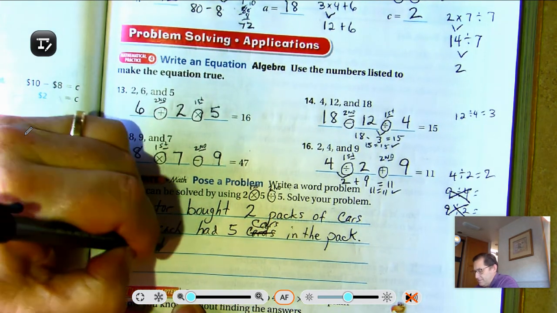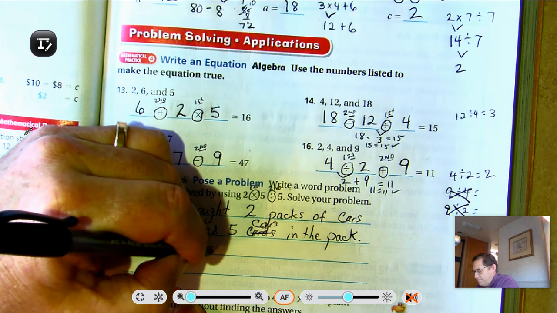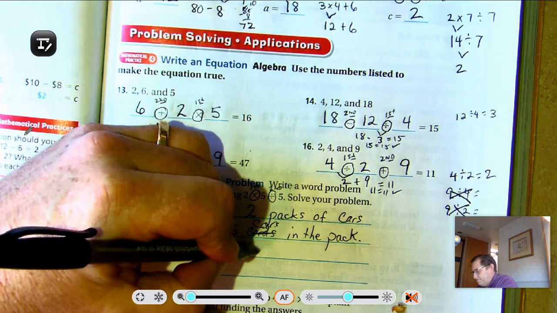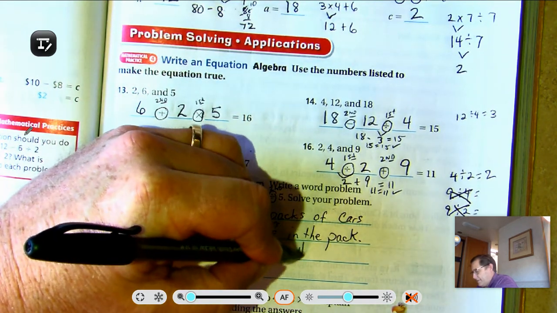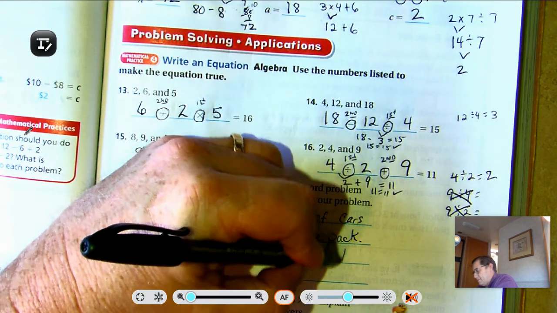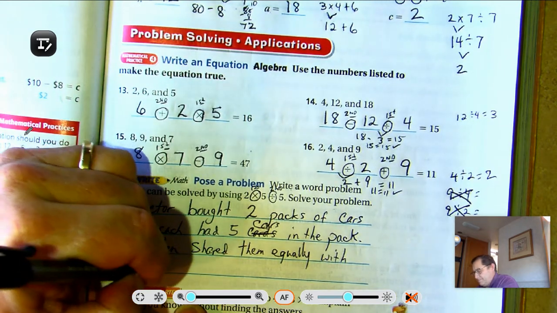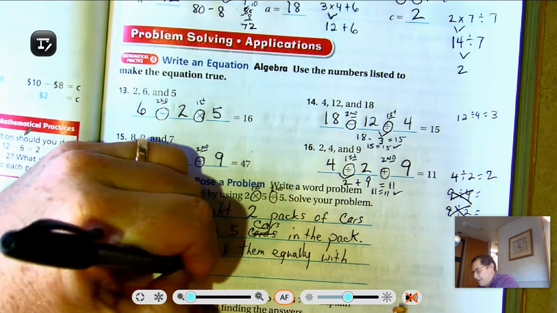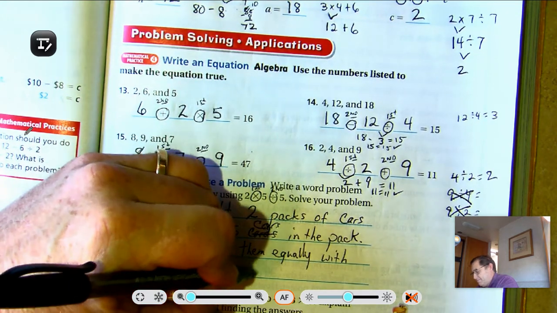He then shared them equally with 5 friends. How many cars did each friend get?